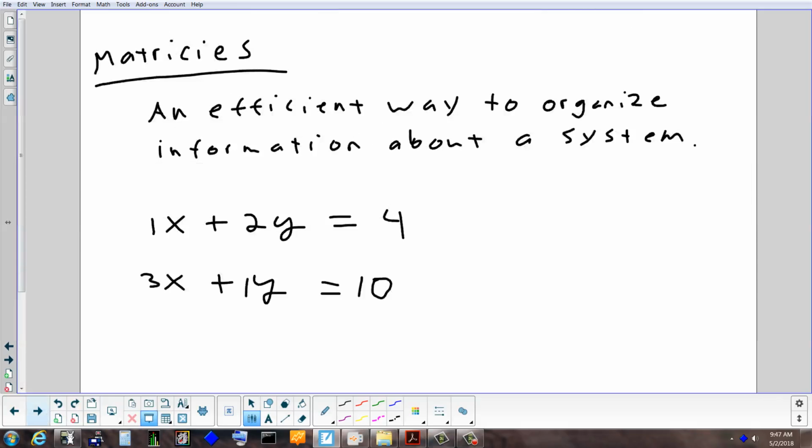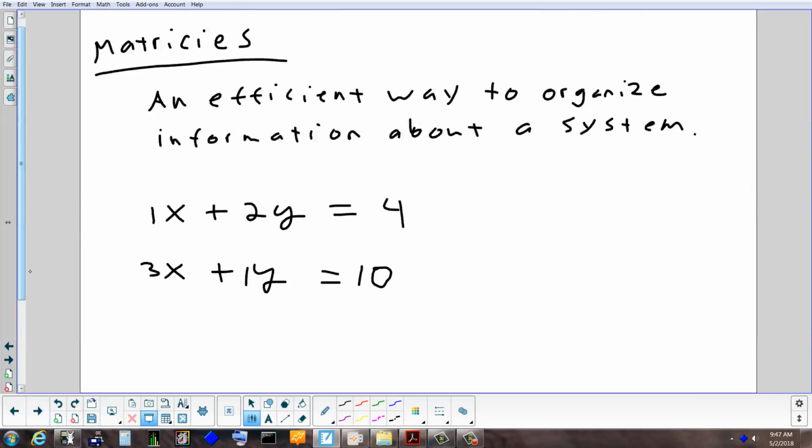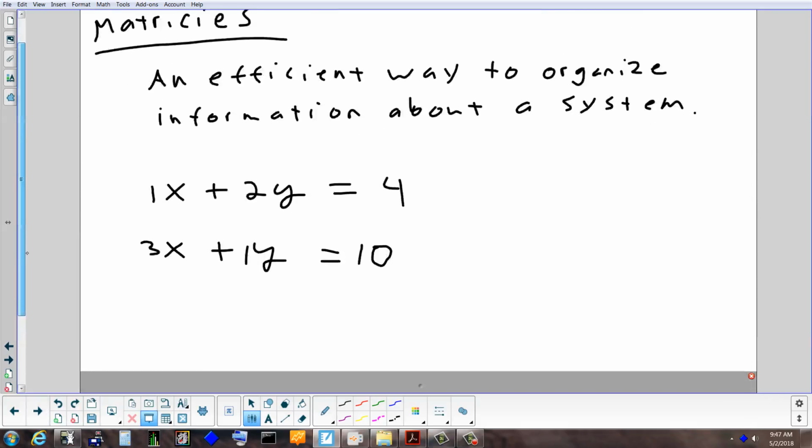So a matrix is basically just an efficient way to write things down. If you do anything with programming or computers, does anyone do anything with programming? A matrix is called an array a lot of times. And an array is basically, in this case, just a bunch of numbers.